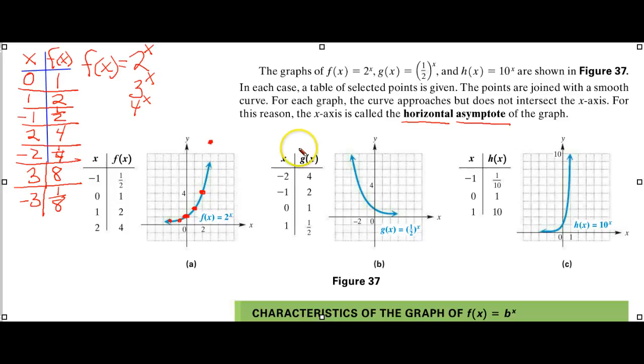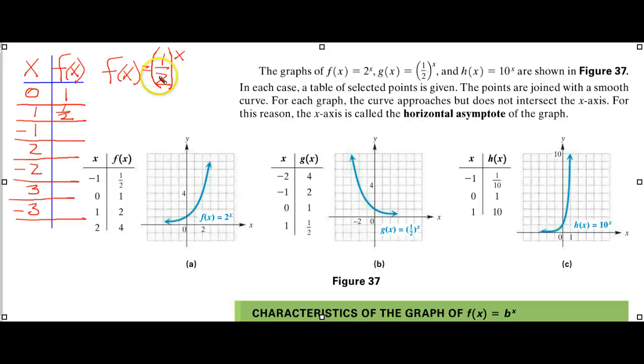Now, how about if we have a fraction like 1/2? Well, let me set that one up. Okay, so I set it up. Again, we're going to use the same values for x. That is our exponent, and there 1/2 is our base.